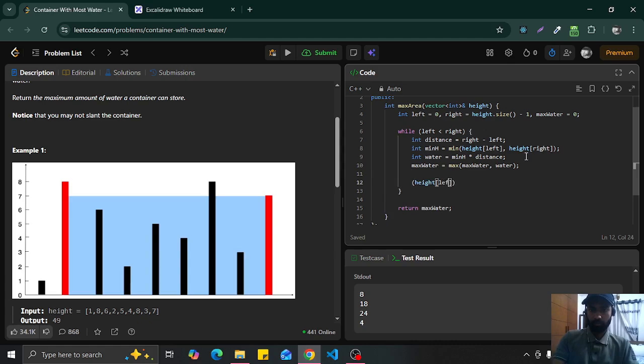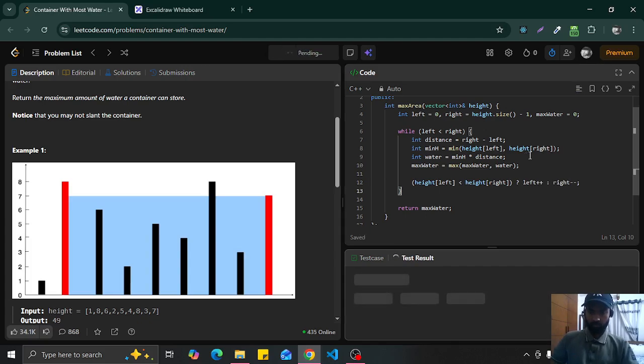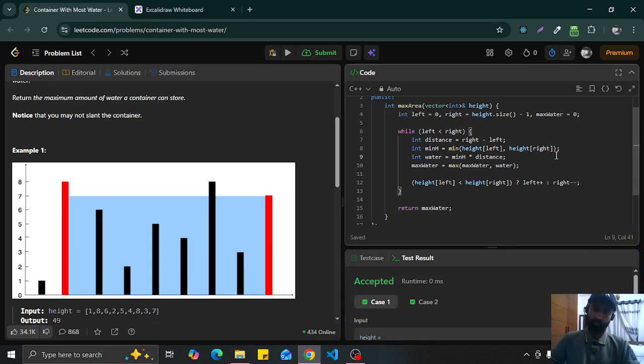So if height of left is less than height of right, we are going to update the left pointer, otherwise we are going to update the right pointer. So yeah, this worked. I don't know, maybe there was a bug. Okay, now this should get accepted.